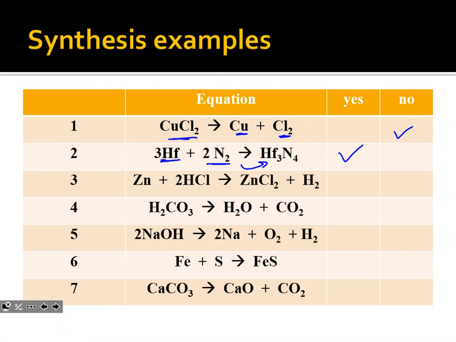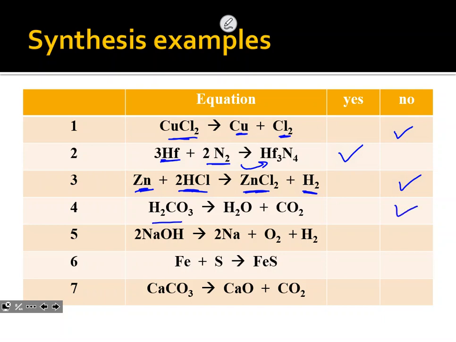Alrighty, now how about number 3? No, I would say no. We have one element and one compound, and we have a separate element. So those ones didn't combine to form one product. How about number 4? That would be a no too.